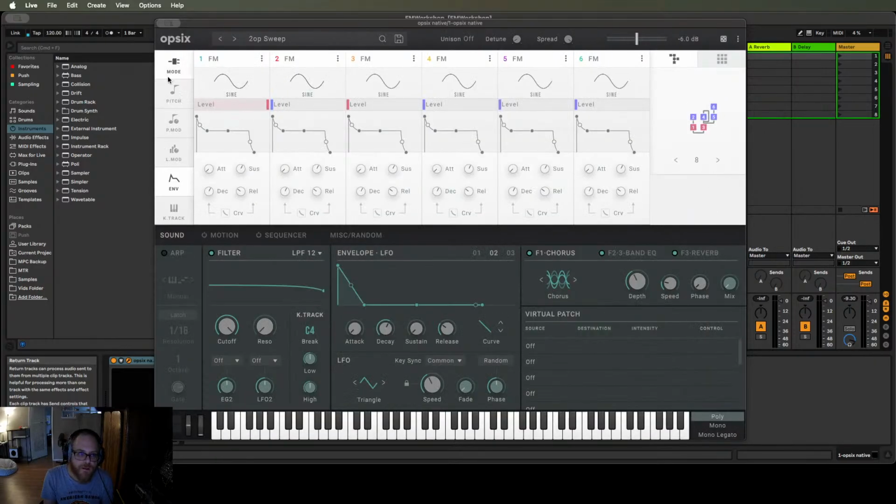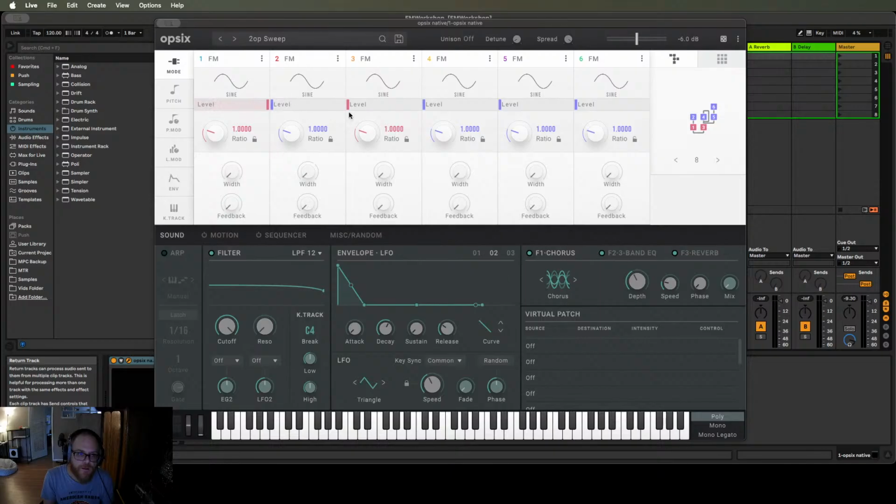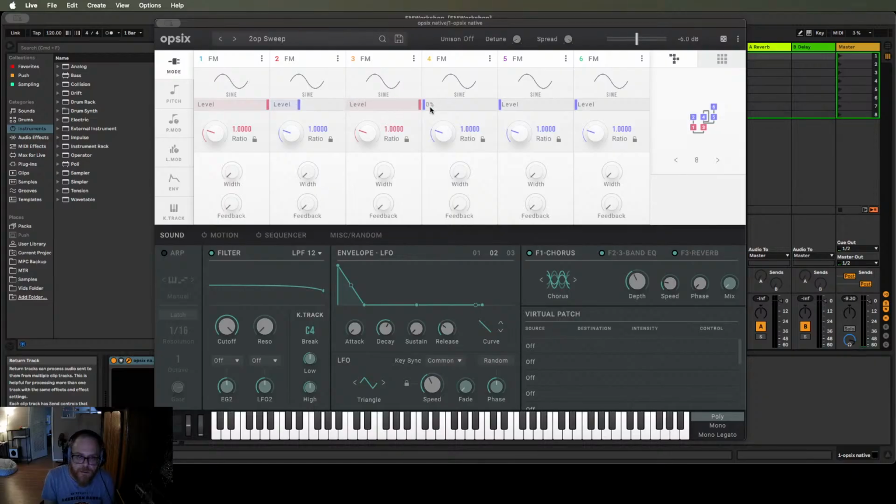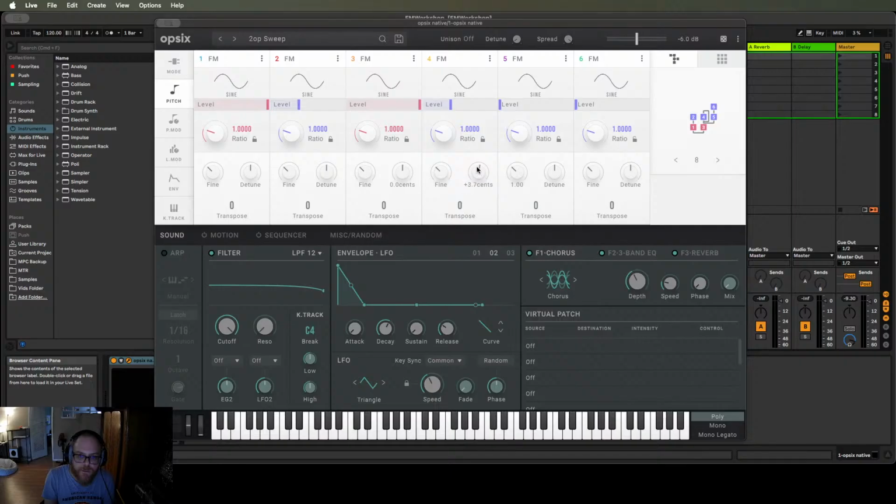So operator 1 and 2, this stack here, we're going to just do a kind of mellow, almost E piano-y sound. Go to the pitch, and we will detune these like 5 cents. Tune this one a few cents.